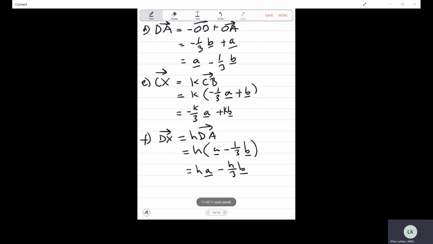Then the next question, G. Using your expression for B and E, we have to rewrite OX.